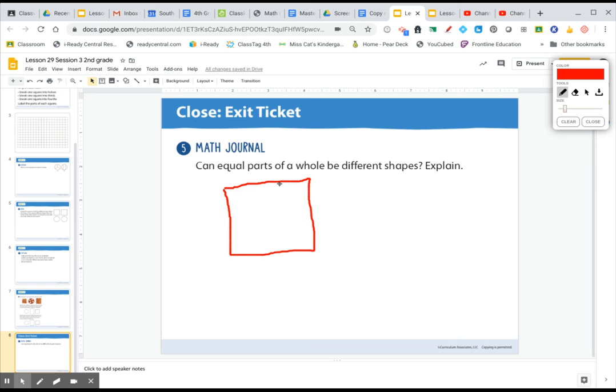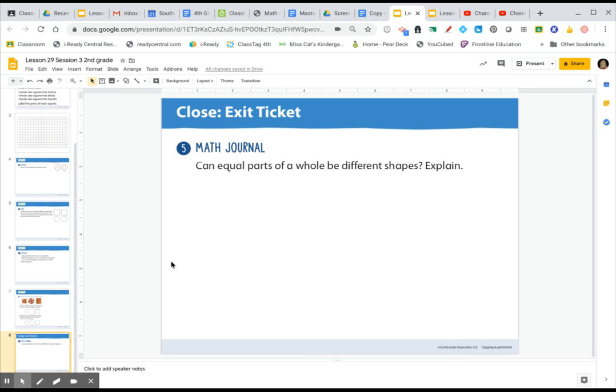Well, if we divide this square into thirds, could we make this piece and these 2 pieces, is that the same? We had a problem like this in session 1 that you can refer to. Remember to go back and do your work from your assignment from your teachers, however they have that set up.